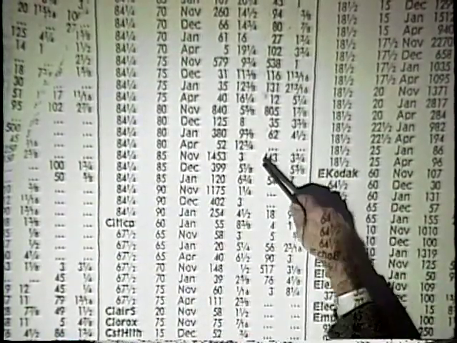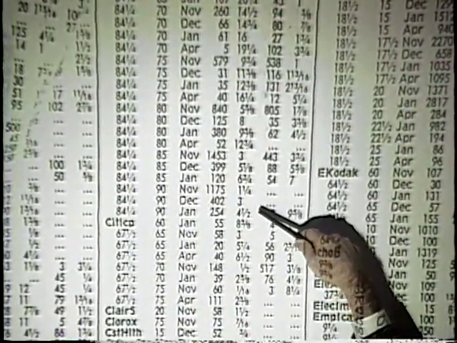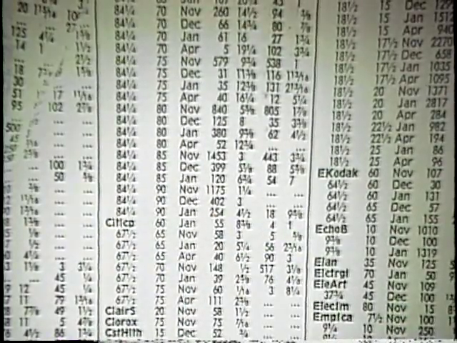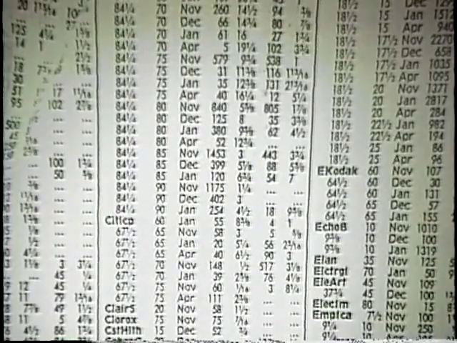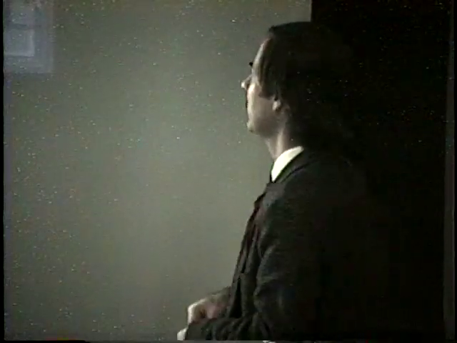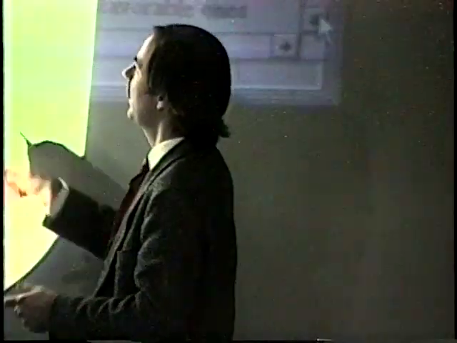So the price drops as we go from an exercise price of 85 to 90. The idea is that there's a lower probability that the final stock price is going to be above 90 compared to above 85. Therefore, the option with the lower strike price, the 85 strike price, is going to be more valuable.